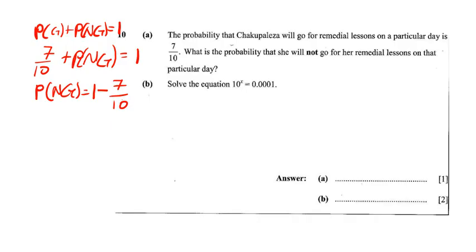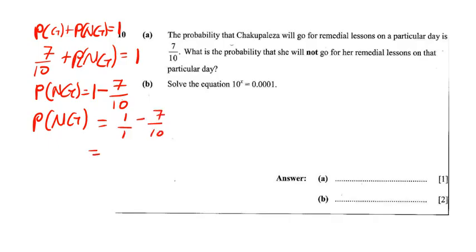So you say probability that this person will not go will be equal to. So here, if you want, you can just say 10 multiplied by 1, it will be a 10, and then minus 7, and then you maintain the denominator, which is a 10. But since we might have some challenges, you can look for the common denominator. You know that any number is over 1, so 1 over 1 minus 7 over 10.